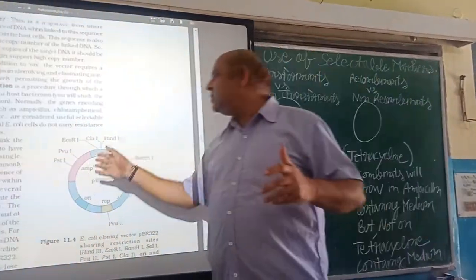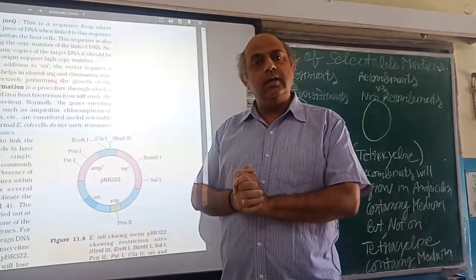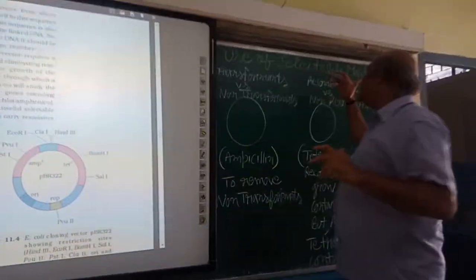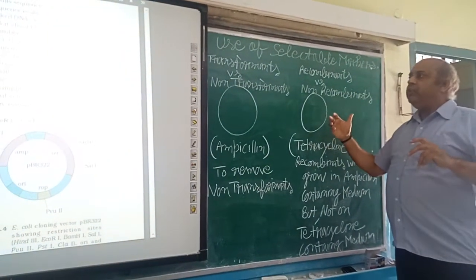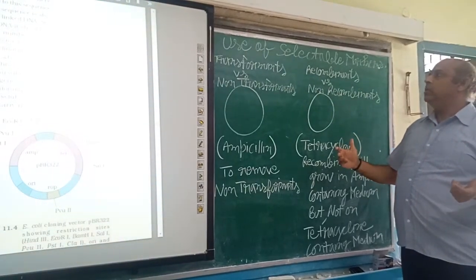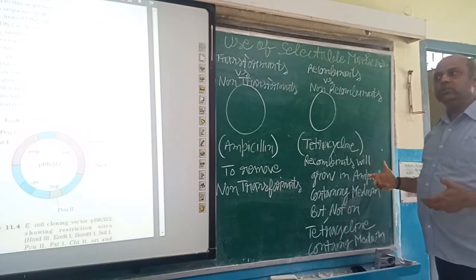And the other gene is helping us know whether transformation has taken place or not. So this is the way the selectable markers are used, first to differentiate transformants versus non-transformants and then recombinants versus non-recombinants. Thank you.